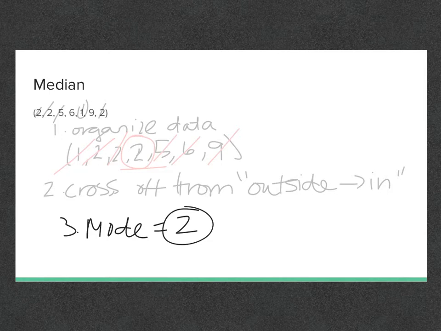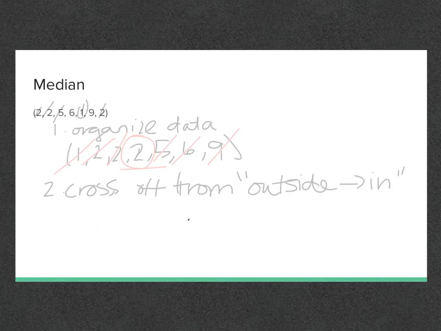Okay, now we can also have a situation where, say, we're left with 2 numbers in the middle. Say that we don't have this 2 anymore. Say this 2 is gone. I got rid of it.